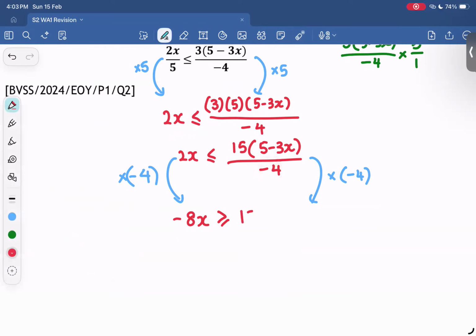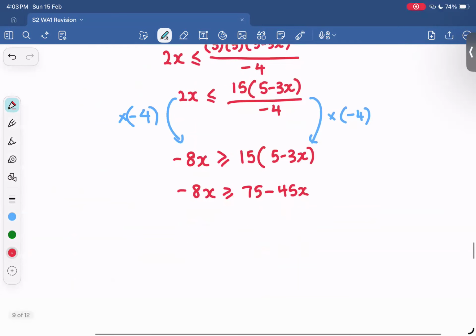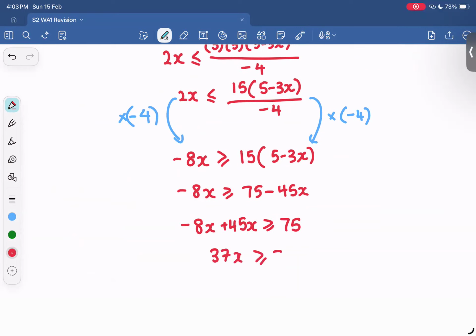So it becomes 15 bracket 5 minus 3x. Now I will expand this: 15 times 5 is 75, minus 45x. Then we do our shifting as per usual. Minus 8x plus 45x is more than or equal to 75. So 37x is more than or equal to 75.